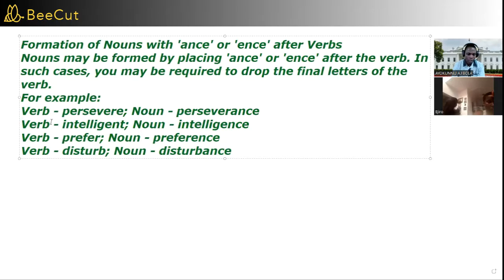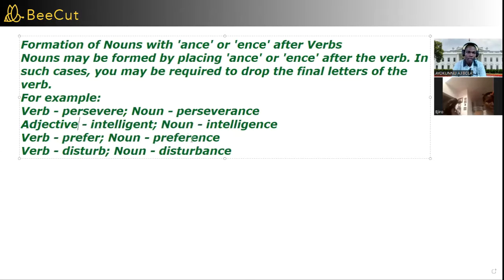Okay, let me delete that here. So intelligent is an adjective. When you remove the T and put CE, it becomes intelligence. So intelligent is an adjective, while intelligence is a noun. Then prefer is a verb.